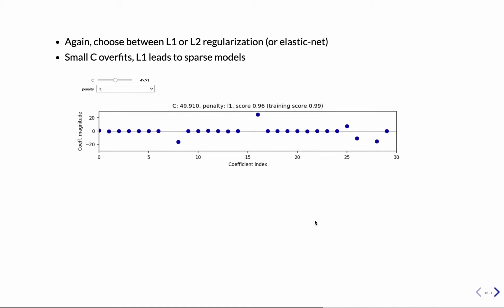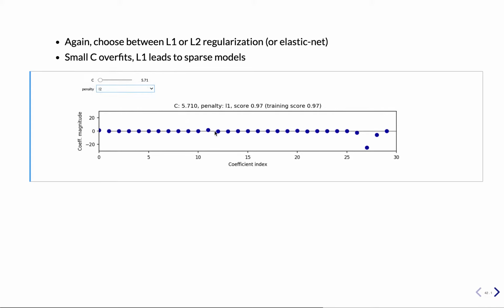Okay, again, we can also choose between L1 and L2. So we start with some C closer to 1. Again, if we have L1, we can see that most of the weights will be 0. If we have L2, we can see that the weights will be close to 0, but not exactly 0.